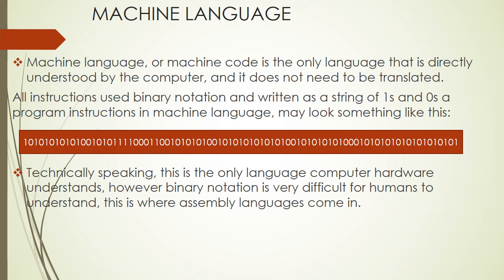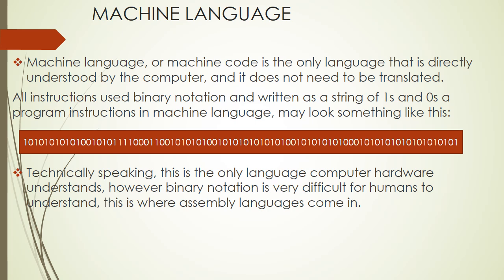Let's look at this diagram which holds 1 and 0s. Those are the languages that the machine, which is the computer system, understands directly. Whenever you input the right data in 1 and 0s without mistake, it will be able to provide the output for you.